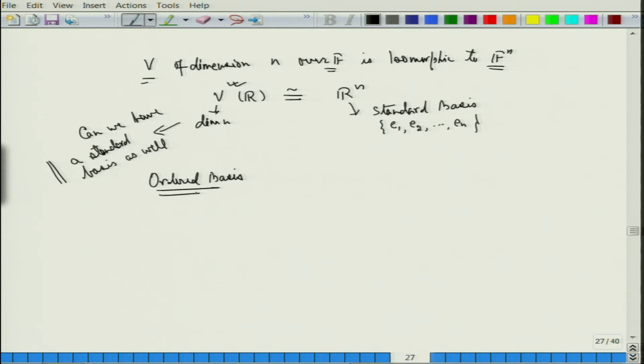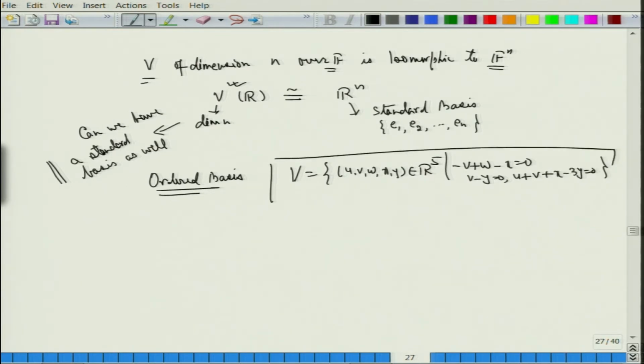So let us take an example to understand what I mean by an ordered basis. Let me take V as the set of (u, v, w, x, y) belonging to R^5 such that minus v plus w minus x is 0, v minus y is 0, and the third equation also holds.